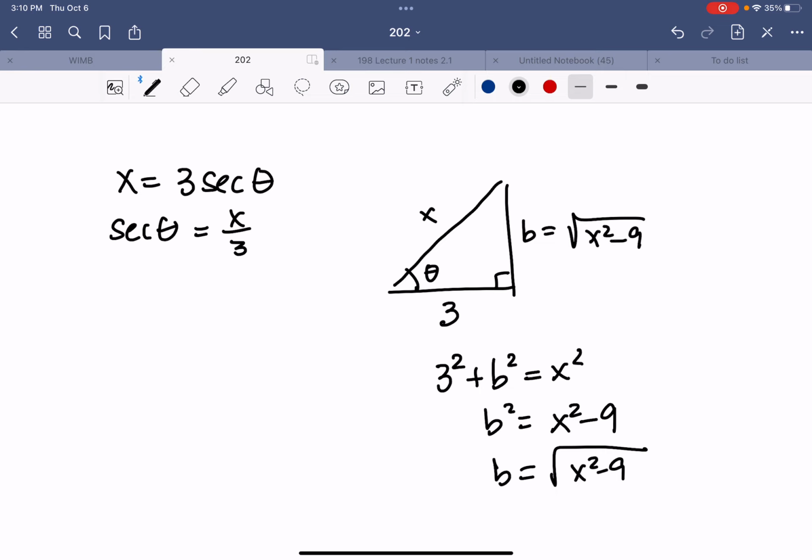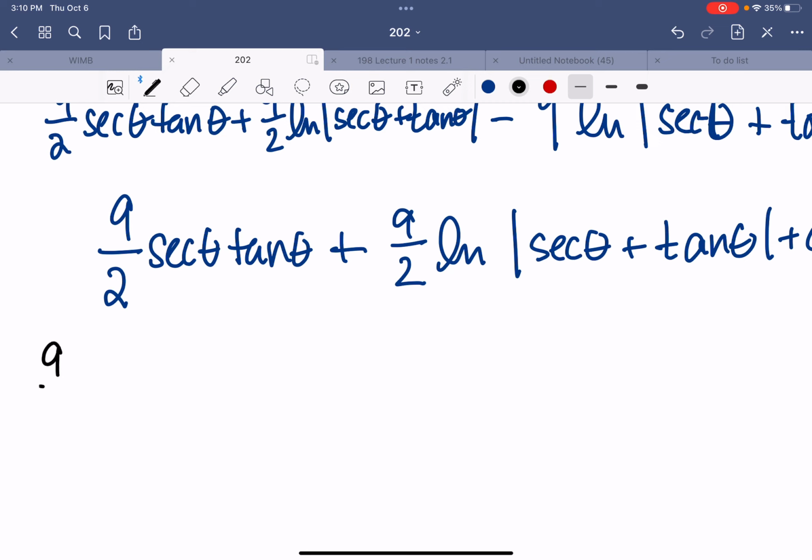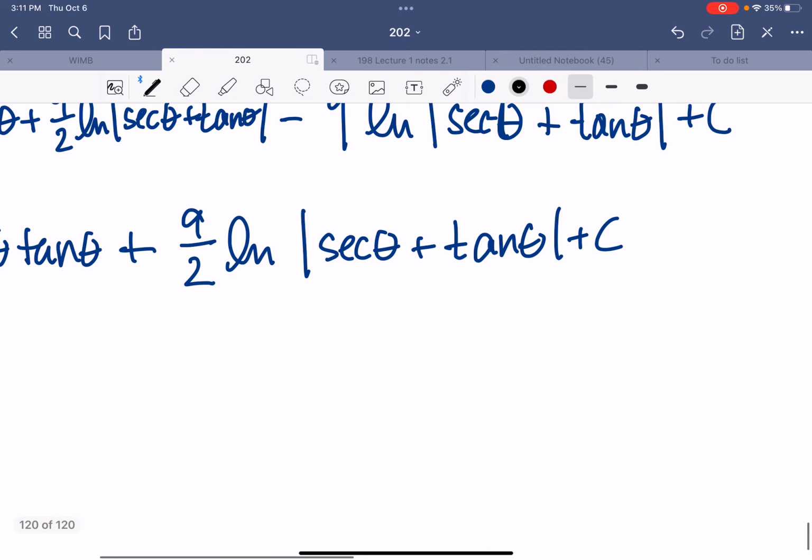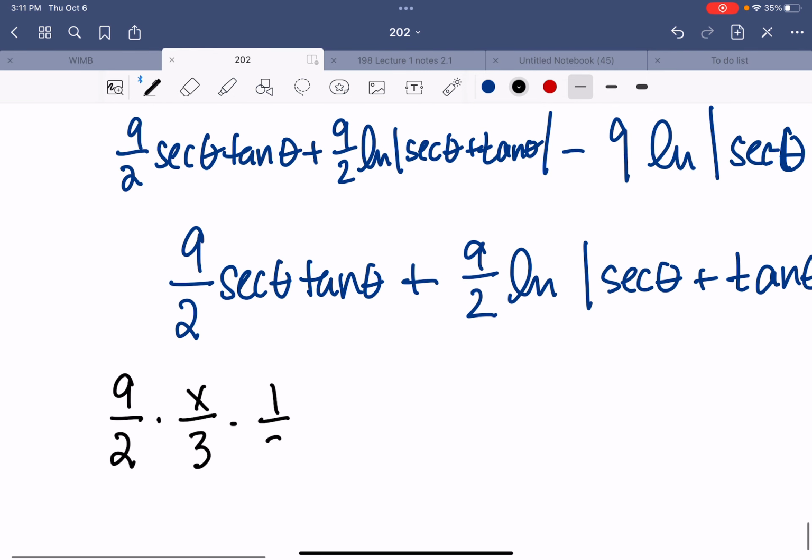So we have 9/2 times the secant of theta, which we know is x over 3, times the tangent theta, which we know is 1/3 the square root of x squared minus 9.